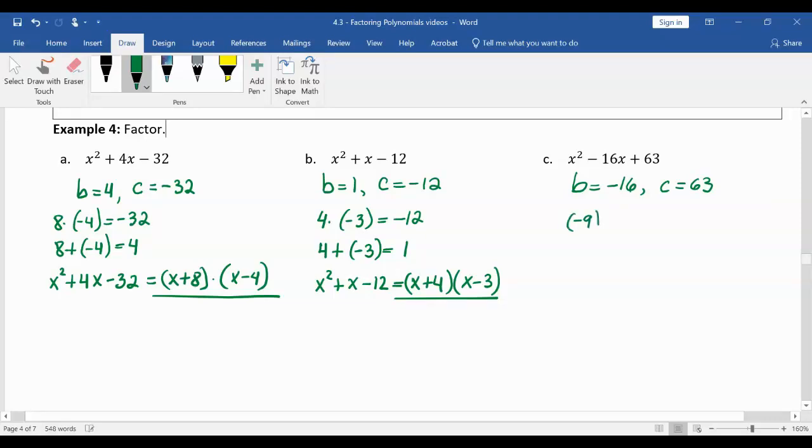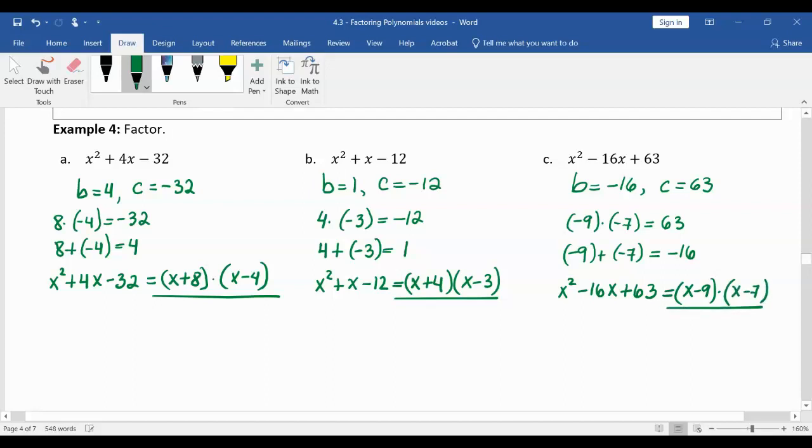I'm going to use negative 9 times negative 7 because the product equals 63. And if we add them, negative 9 plus negative 7, we get negative 16. That means the factored form of x squared minus 16x plus 63 is x minus 9 times x minus 7.